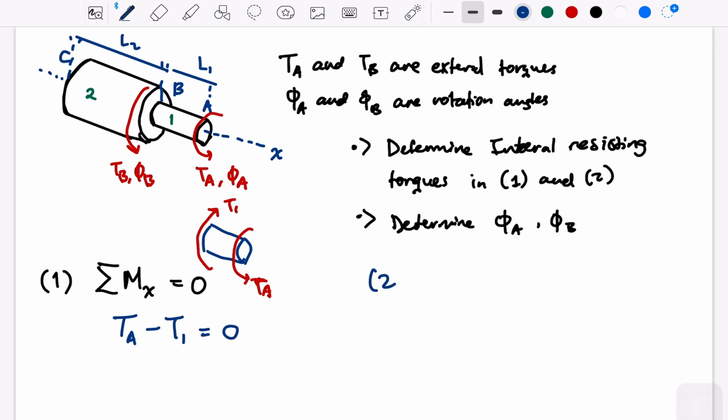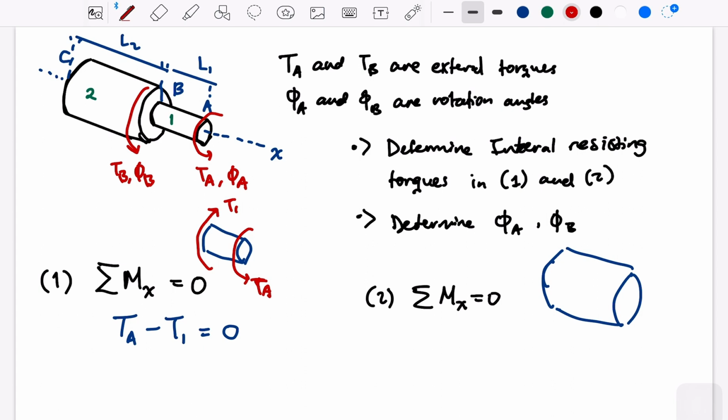And then for material 2, also the same. The sigma moment with x as our basis for the rotations. This will be, let's make it a little bit bigger. If we have TB here, then we are going to have T2, okay? And also we have TA, right?